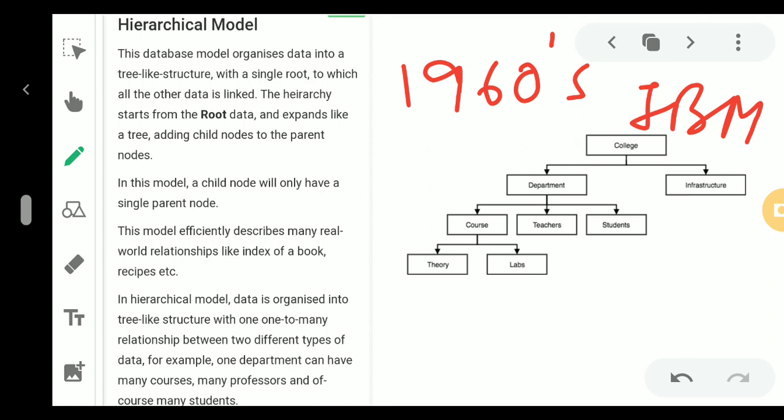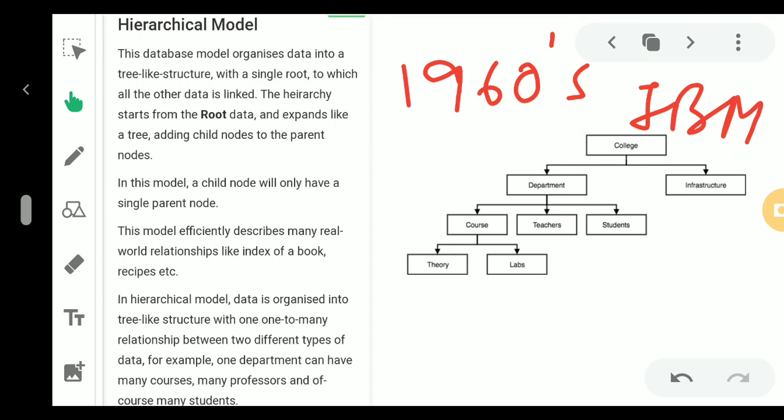In the example I have given, theory and lab are part of a course. Course, teachers, and students are also part of the department. The department is part of a college. In this way, in a hierarchical format, we have arranged the data and denoted the relationships, forming them in an inverted tree format.